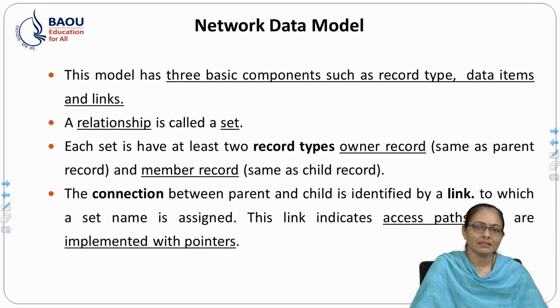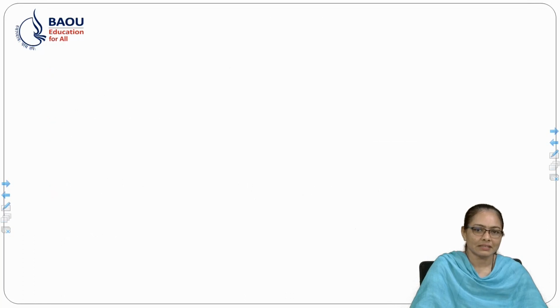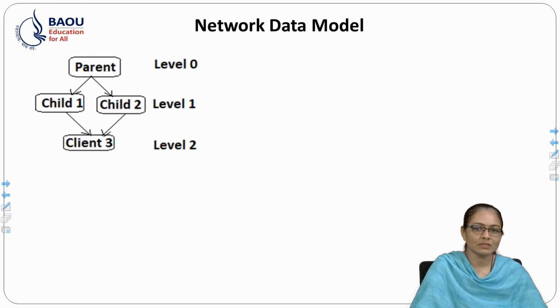Now, in the network data model, here we give some examples. In this figure, one parent has multiple children, child 1 and child 2, and child 3 has multiple parents, like child 1 and child 2.